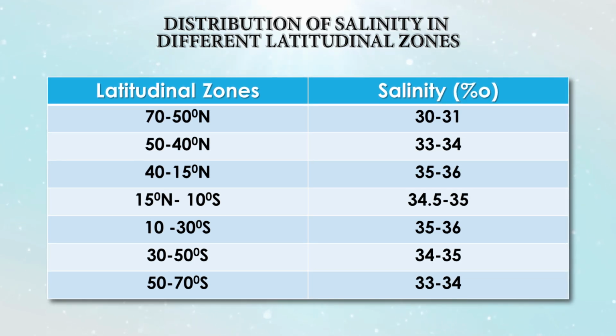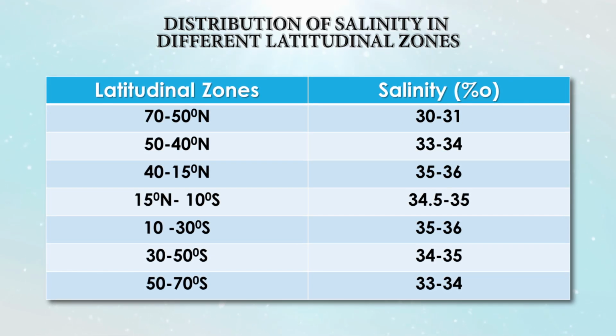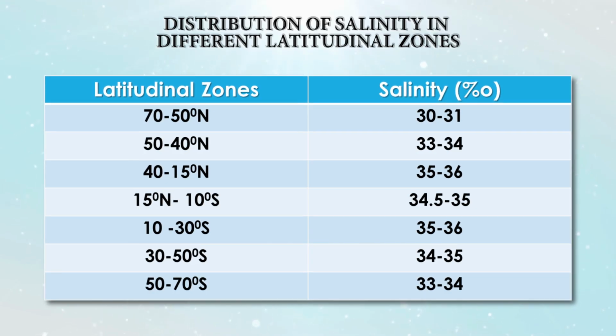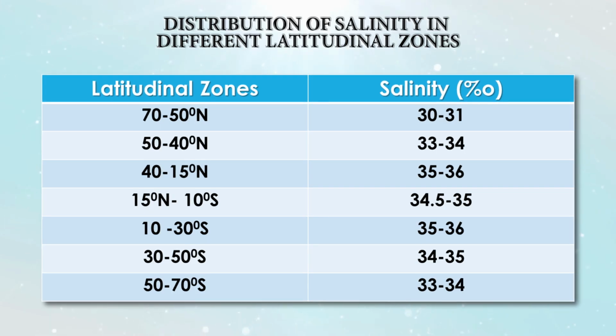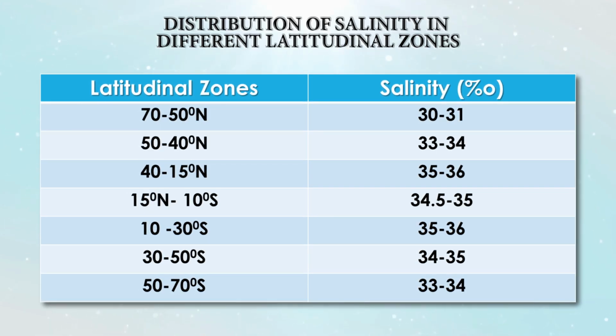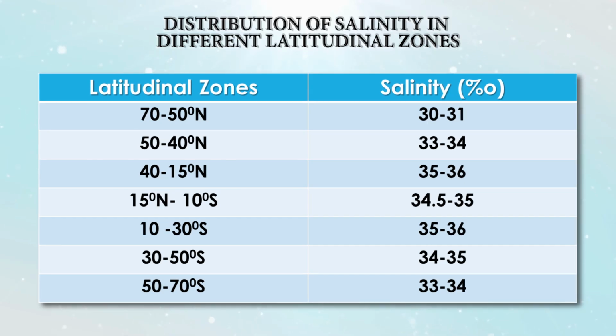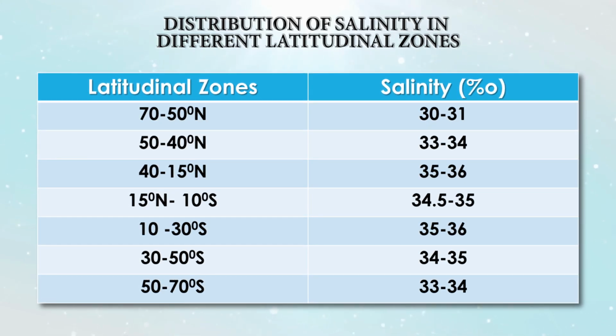The southern hemisphere, 10 degree to 30 degree south, shows 35 to 36 per thousand salinity, and 15 degree to 40 degree north shows 35 to 36 per thousand salinity, and salinity trends are again decreasing towards the poles.